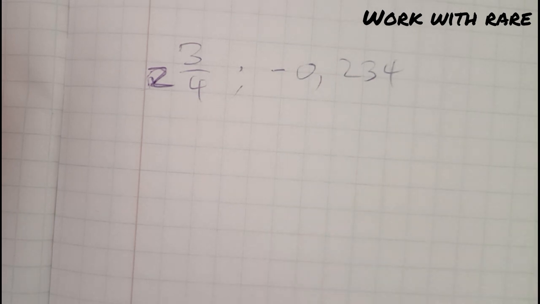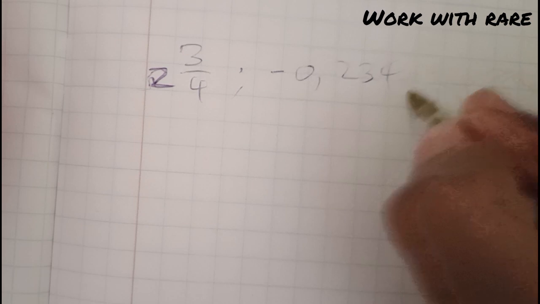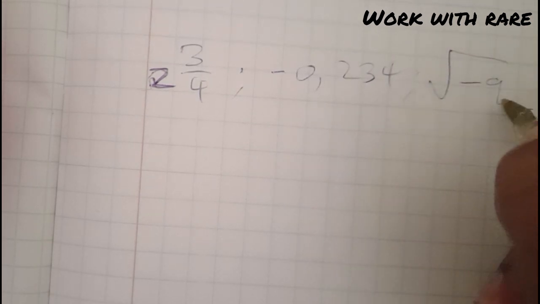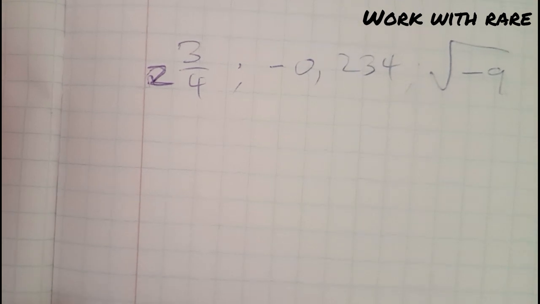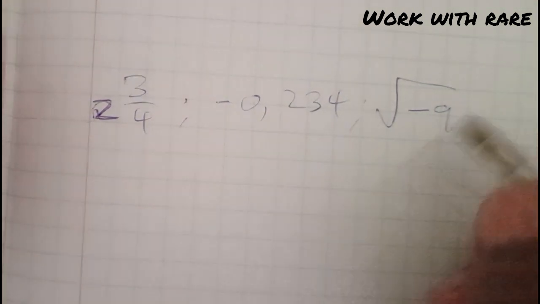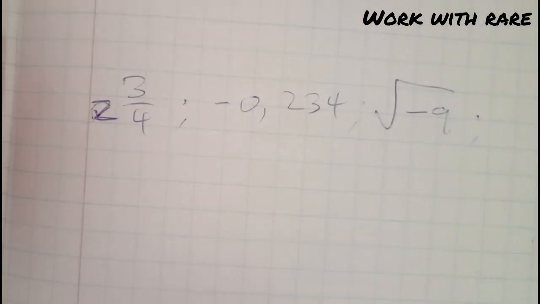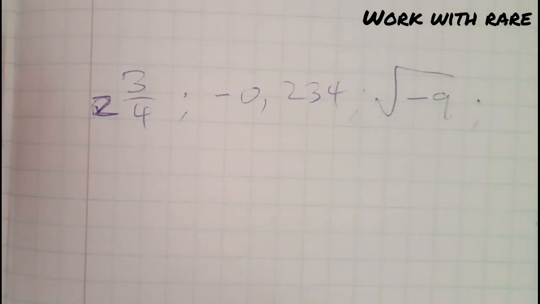You see, and the third number is square root of negative 9. That's the third number. The fourth number is 25.